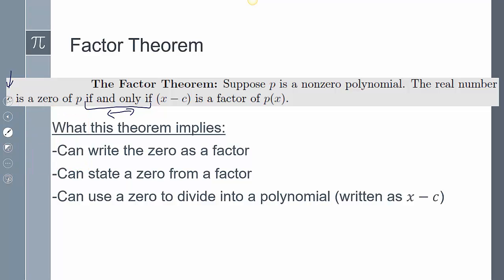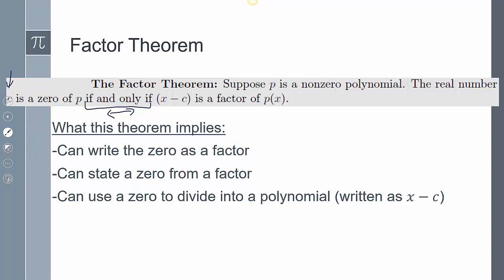So the first is going to be, we know that c is a 0 if x minus c is a factor of P. So I can write the 0 as a factor. Then, if I look at it this way, if x minus c is a factor, then I can assume that it's going to be a 0. So then I can state a 0 from a factor.